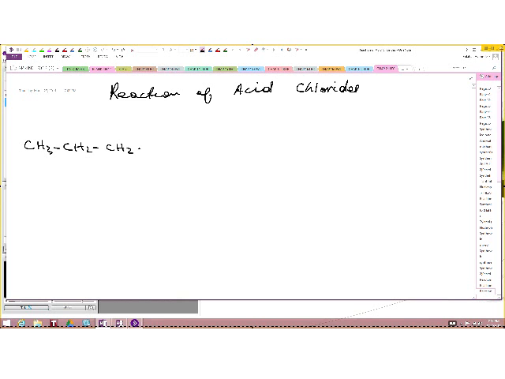Even though I am using a specific example, this will apply to any acid chloride. The acid chloride will react with water, dilute acid, to give you, and in this particular instance you might be able to do this reaction with just water alone, without the acid catalysis, to get the carboxylic acid.